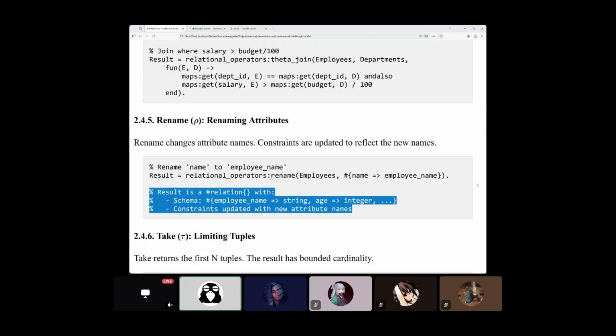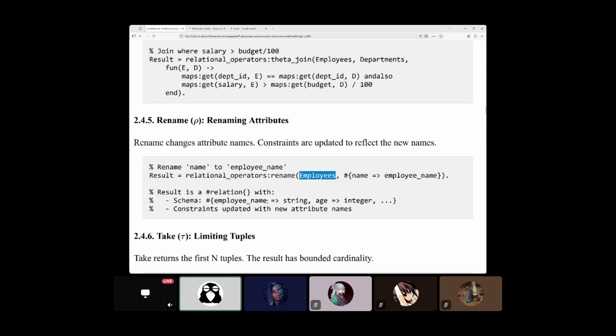So when you compose this, let's say employees have people with age, departments, and salary, right?